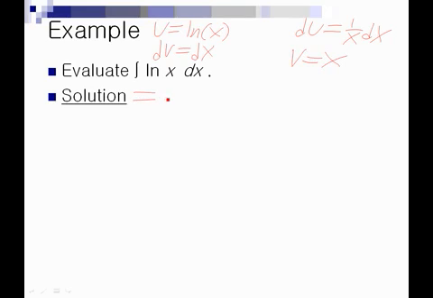So, of course, we should be looking at uv minus the integral of v du.